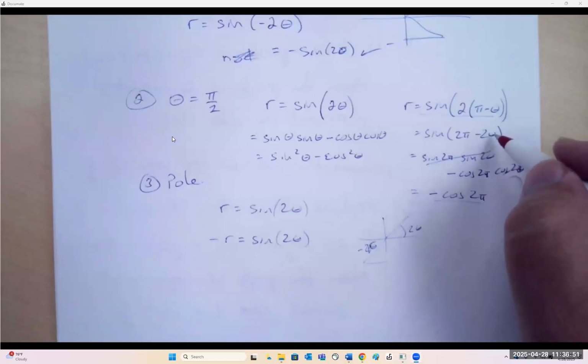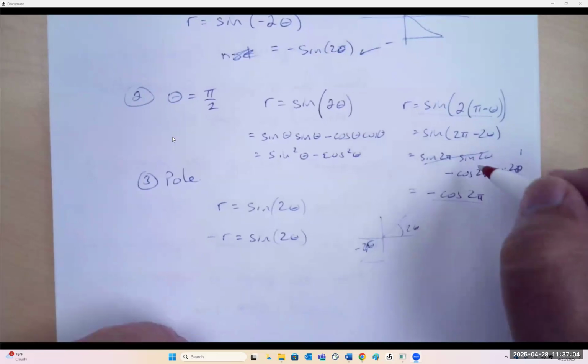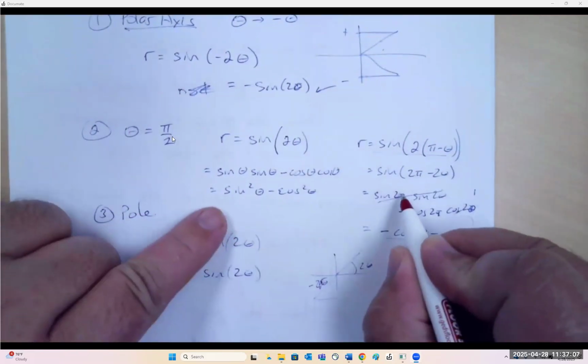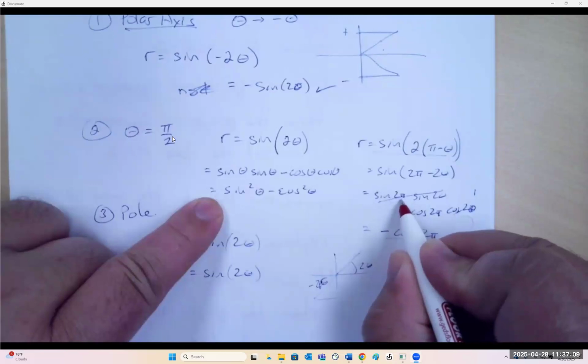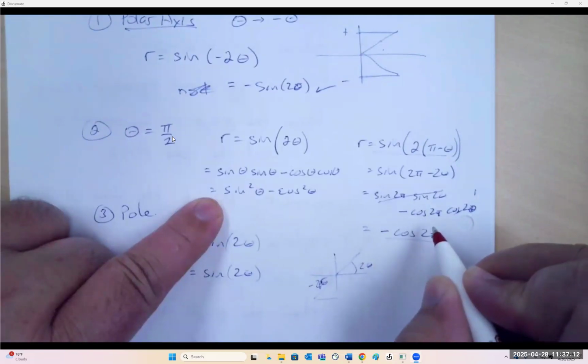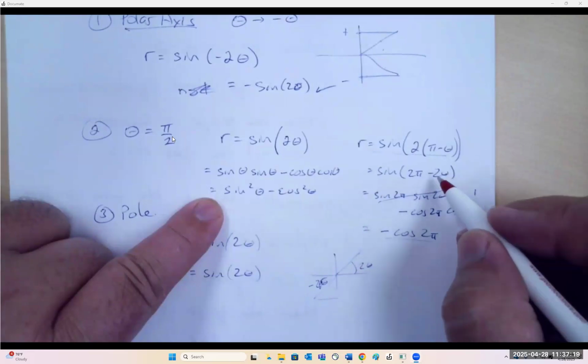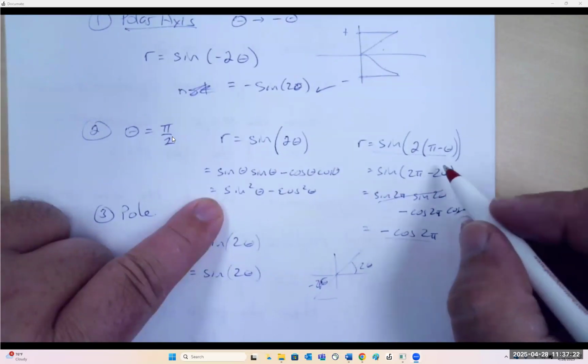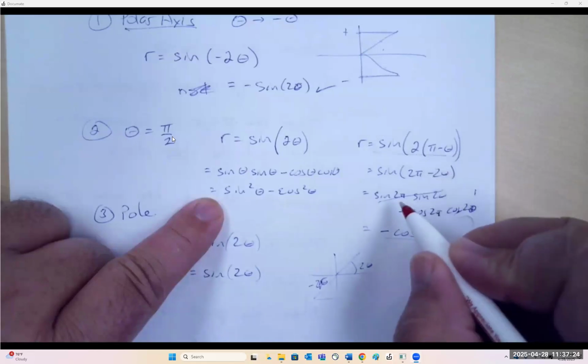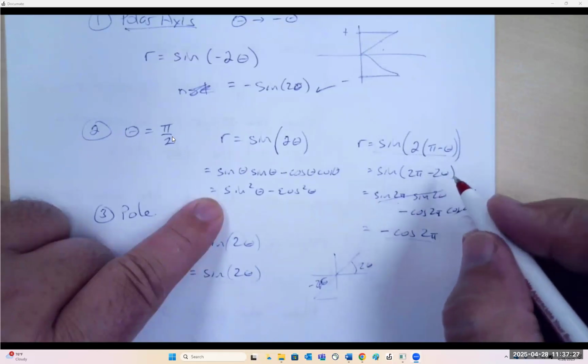So 2 pi minus 2 theta. This one will work also then. Just a double angle in there.